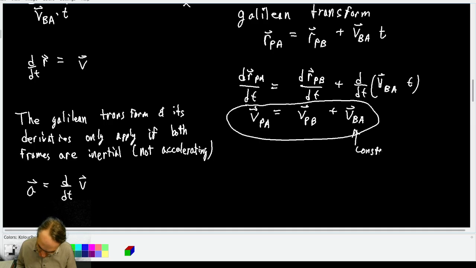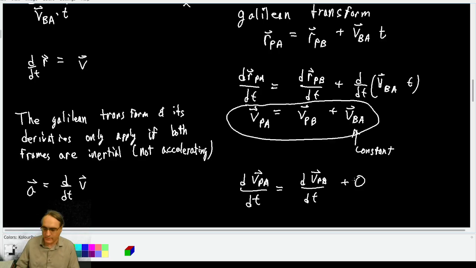This is constant. So when we take the derivative, we're just going to get aPA. The particle itself can accelerate. Nothing restricts it. And dVPB/dt, and then plus a whole lot of nothing because derivative of a constant.